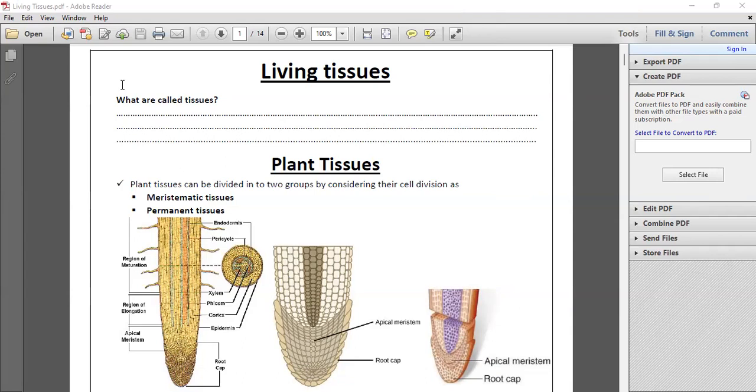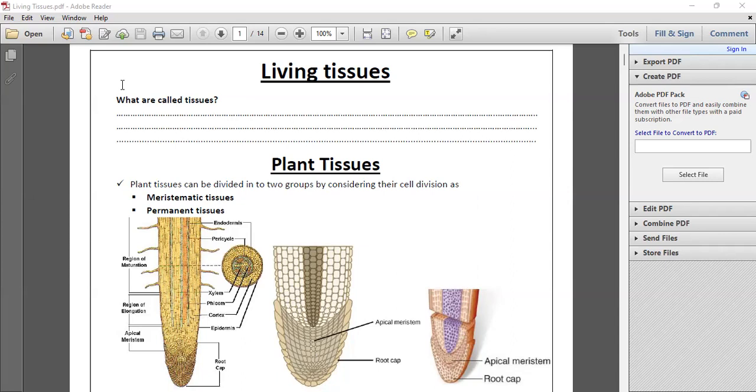A group of cells with a common origin that has been modified to perform a particular function in a living body is called a tissue, right?